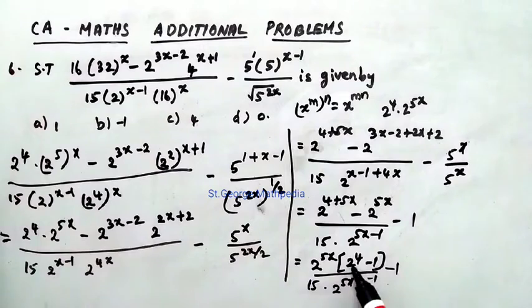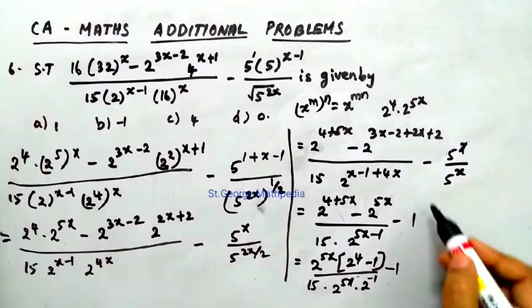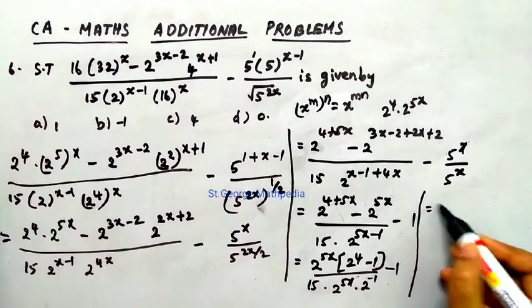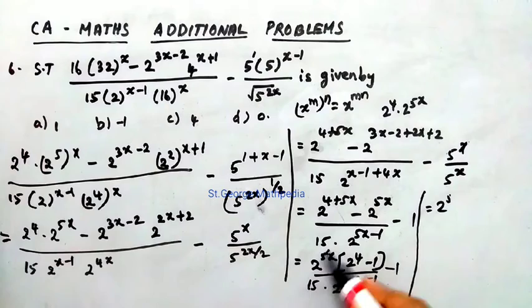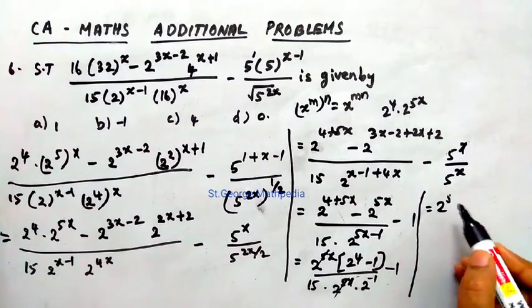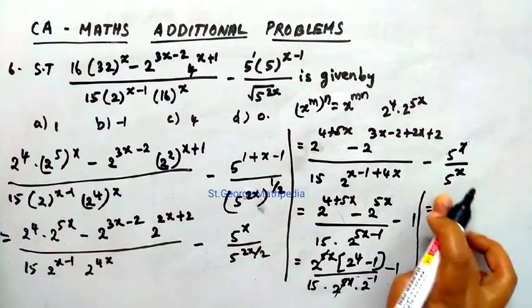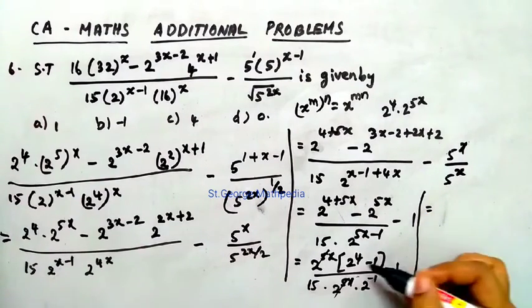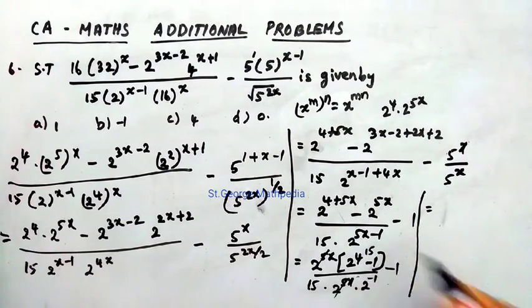Okay, minus 1. Now 2 to the power of 4 minus 1 is, okay, this is 2 power 5x, 2 power 5x gets cancelled. Here 2 to the power of 4 is 16, 16 minus 1 is 15, okay, then 15 gets cancelled.